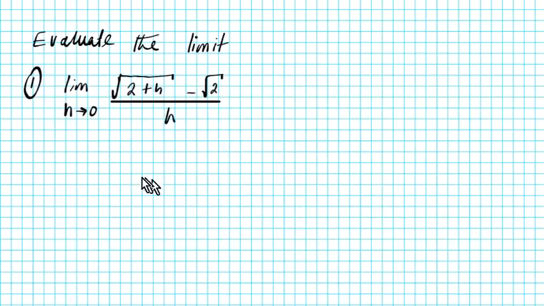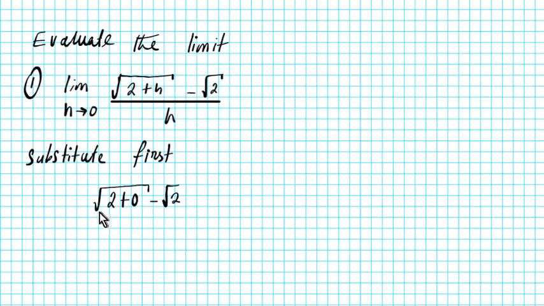Since this is a finite limit, we're going to substitute first. That's your first line of attack for finite limits. So I'm simply going to plug 0 into h for this expression. We're going to have the square root of 2 plus 0 minus the square root of 2, divided by 0.